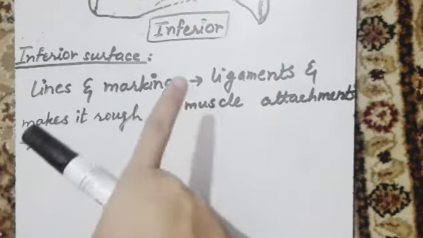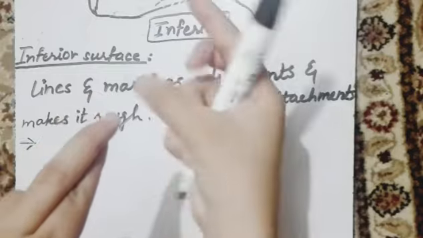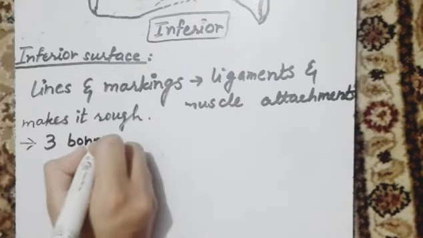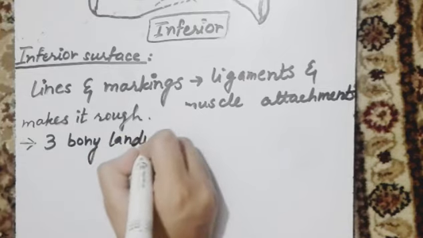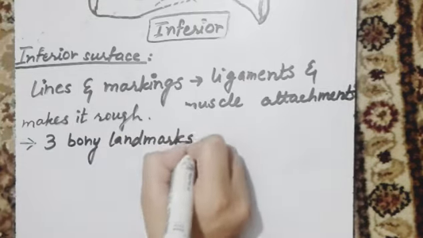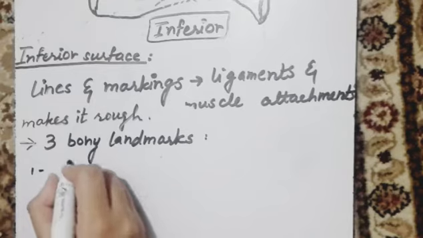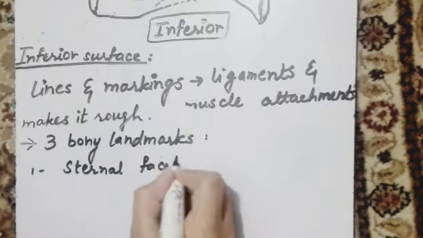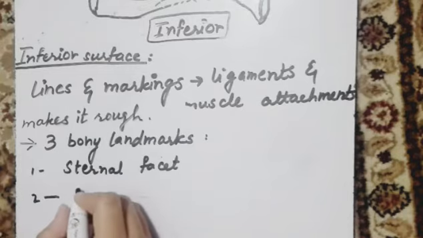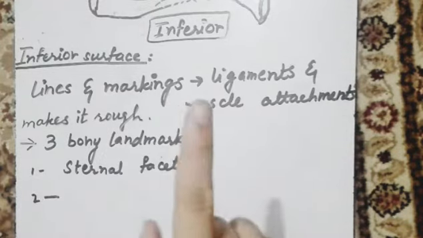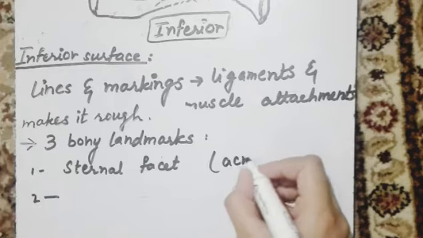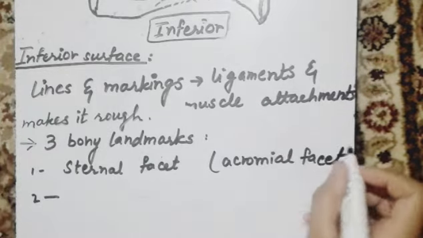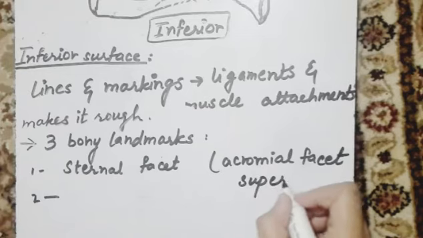Actually, the bony landmarks are divided into a total of 3. The first one is the sternal facet. In the superior surface we discussed the acromial facet, but in the inferior surface, what is it? It's the sternal facet.